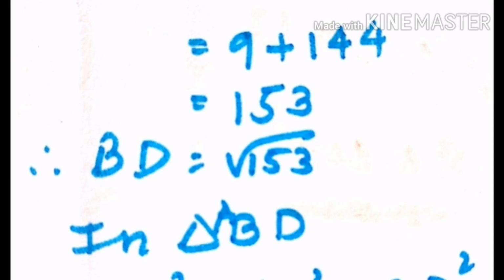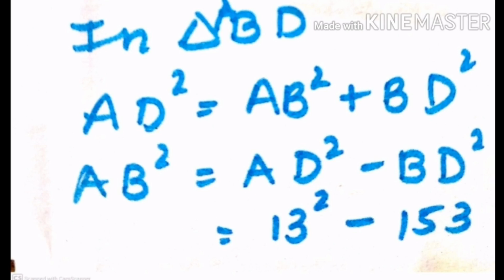Now once we get the BD value, that is a known side now. So we can find AB also in triangle ABD using Pythagoras theorem. AD square is equal to AB square plus BD square in that ABD triangle. Now substituting values to get the AB value, AD is 13 and BD is square root 153, which we found. By making the square of it we get 153.